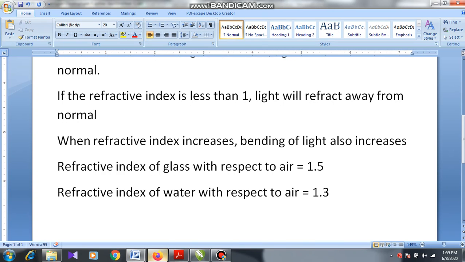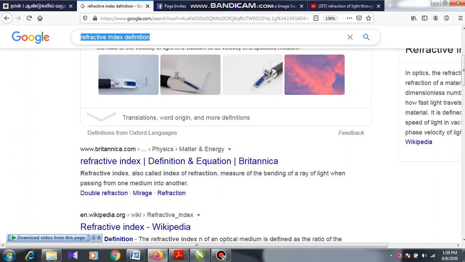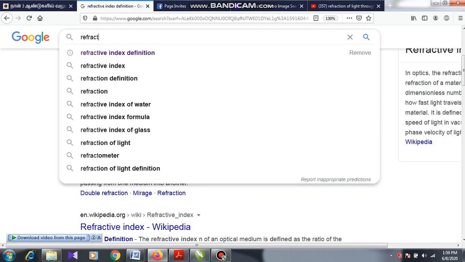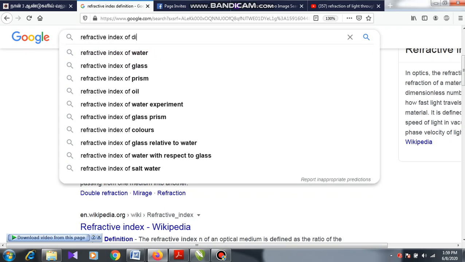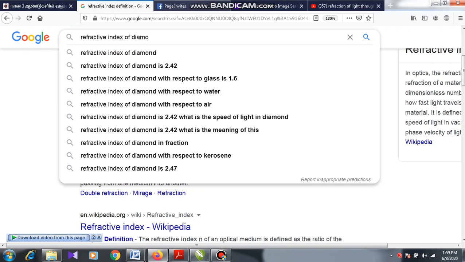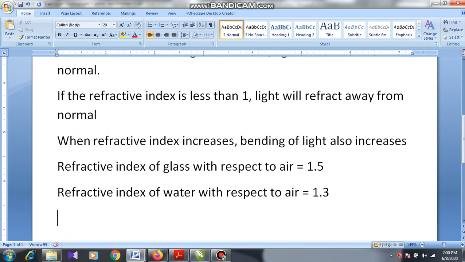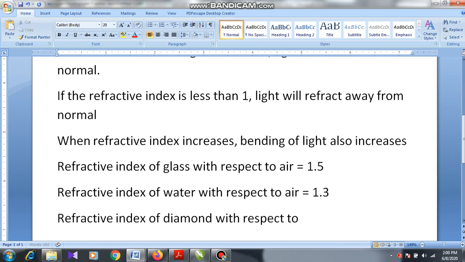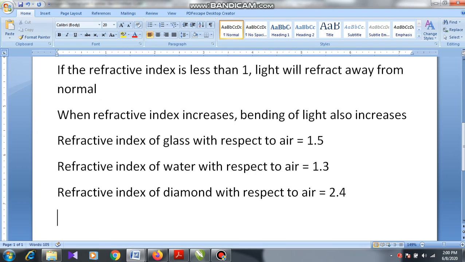The refractive index of diamond with respect to air is 2.4. So they have different refractive indices.